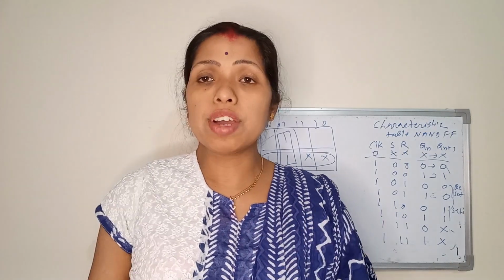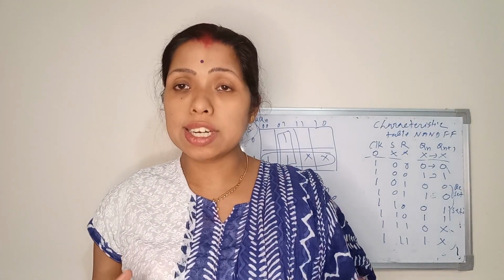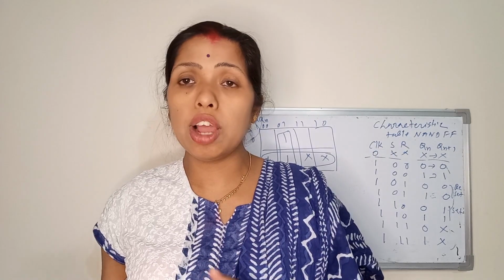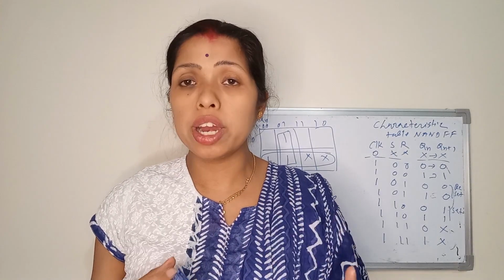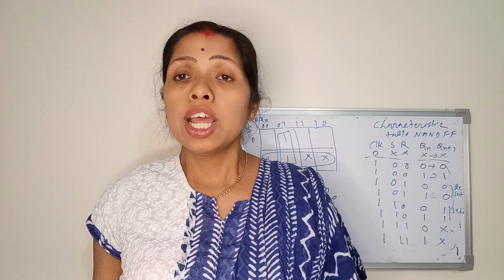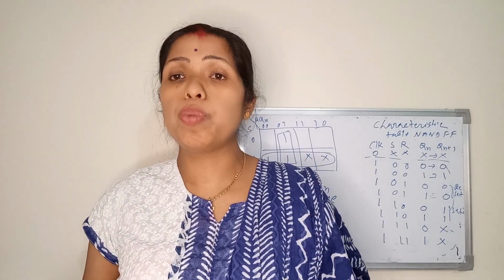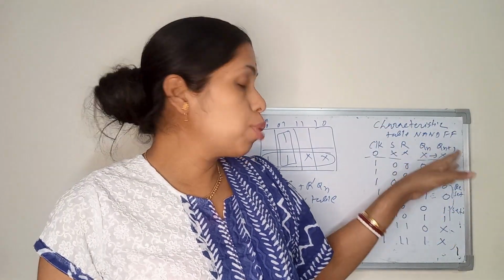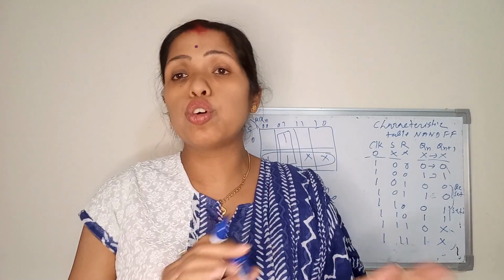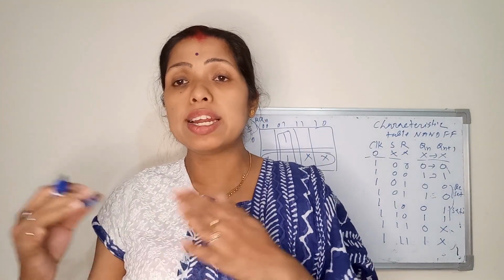Now again I come to the excitation table. In case of the excitation table, that is required later. I will discuss why an excitation table is required. But in case of the excitation table, my Qn and Qn plus 1, there is also no concept of Q prime. My past output and present output will act as an input only, and S and R will act as the output.